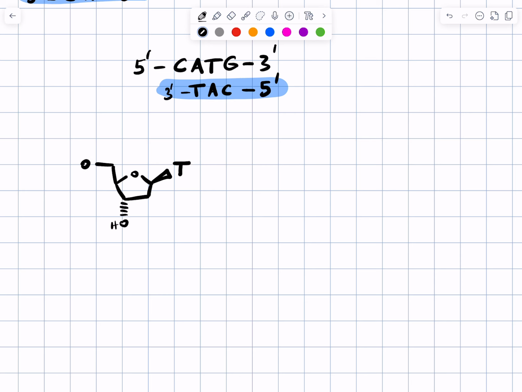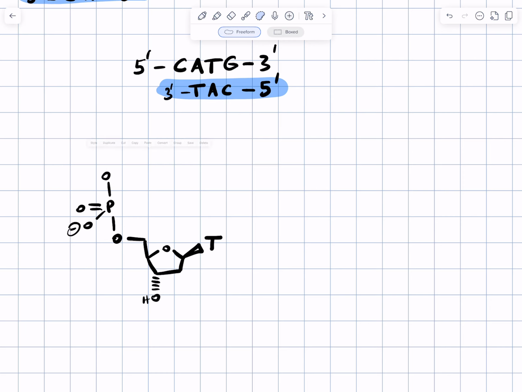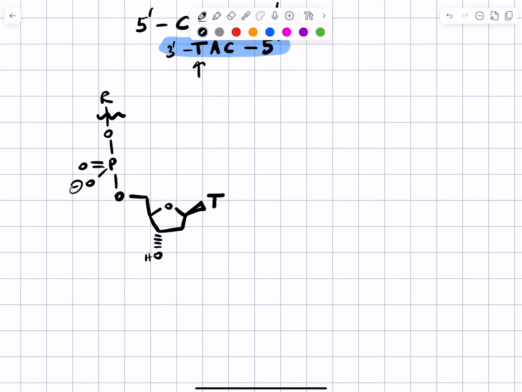Here is the 5' group that's involved in a phosphoester with the previous oligonucleotide, which I'm just going to draw as a squiggly line and R. That's the rest of the molecule. So what I've really drawn here is just this T nucleotide, and this OH group, the 3' hydroxyl group, is going to be the nucleophile in our reaction.